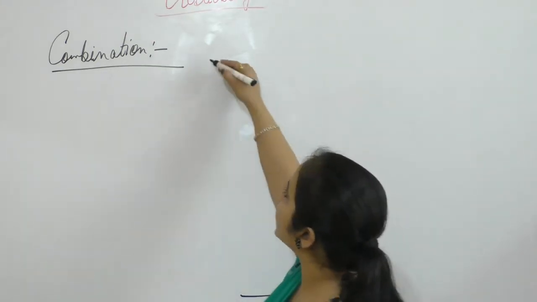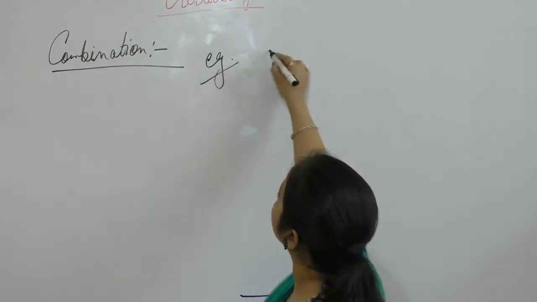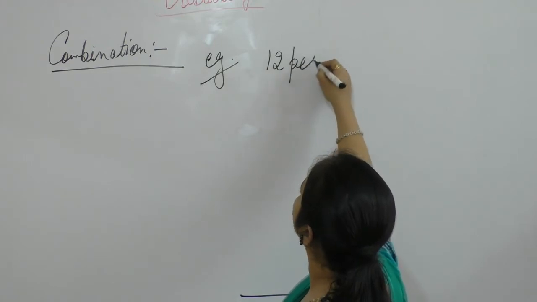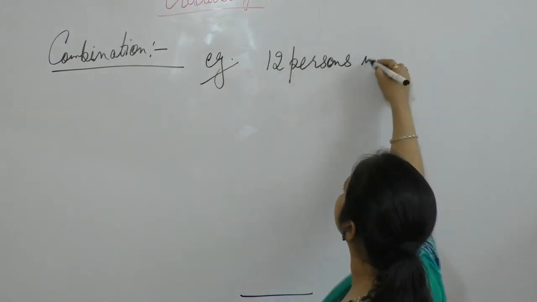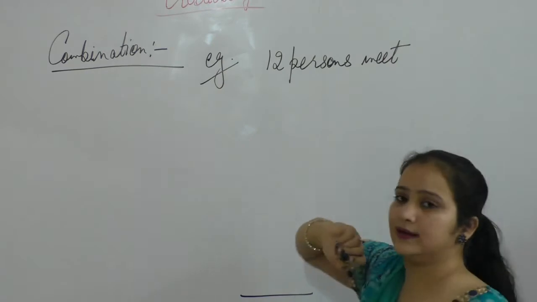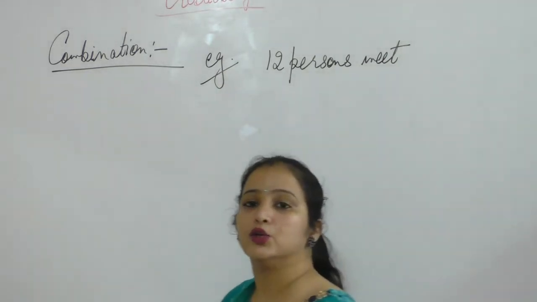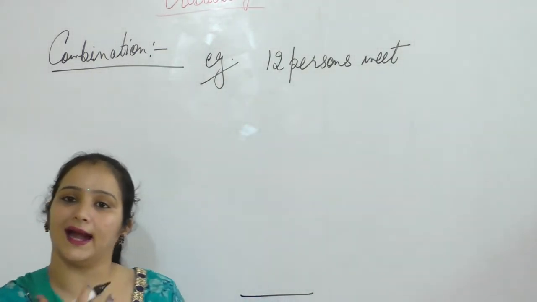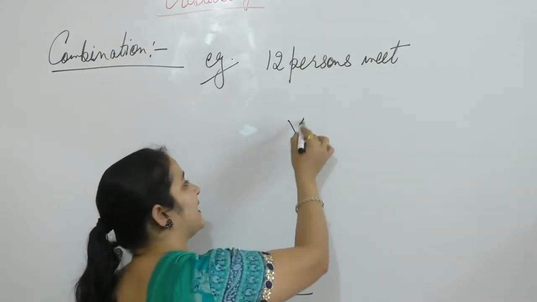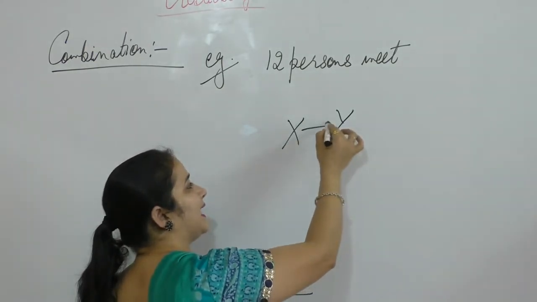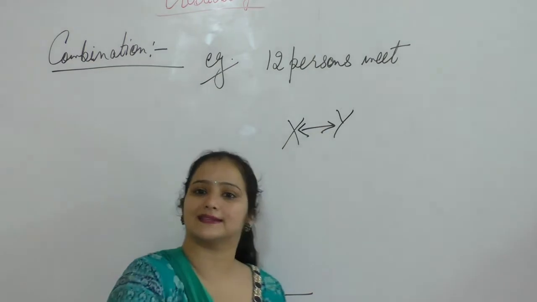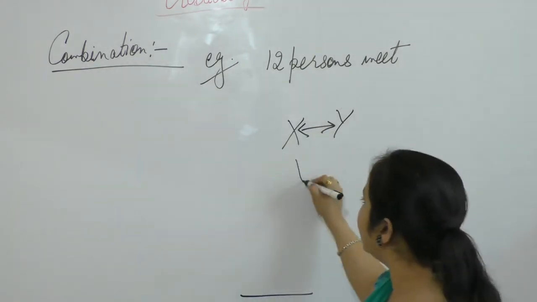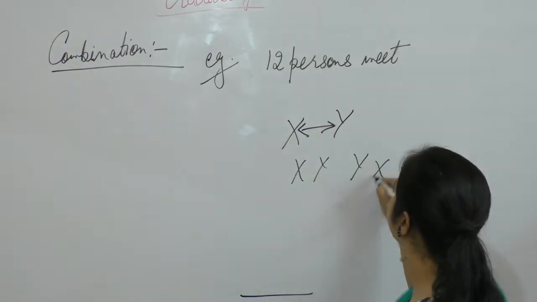Let us take one example. Suppose in a room 12 persons meet for a meeting and they shake hands. How many ways can they shake hands? Suppose a person X shakes hands with Y, then Y is also shaking hands with X. So XY and YX, this order is not important here.